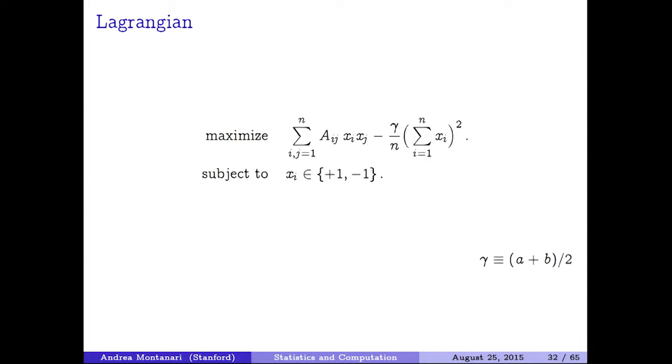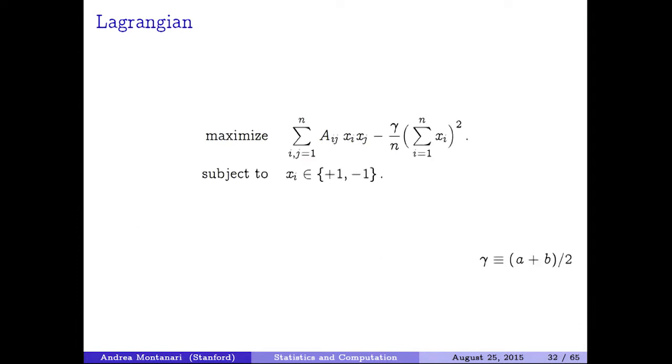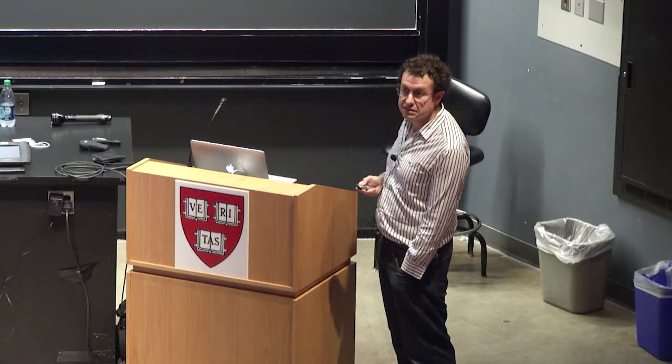So I have this now very simple problem. I have a quadratic form with binary constraint. Okay, let me rewrite this in vector form. I can write this as x x transpose times the matrix A minus the expectation of A. You see, gamma over n is the expectation of any of these entries under the null model, the model where each edge is present with the same probability.